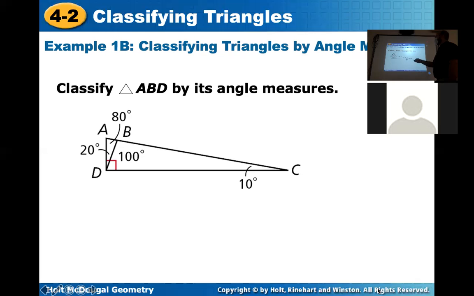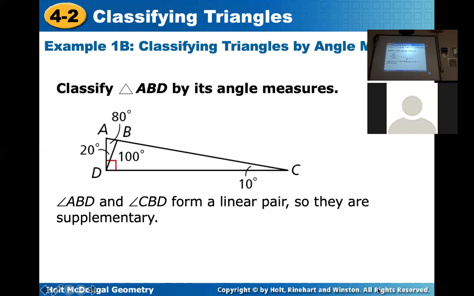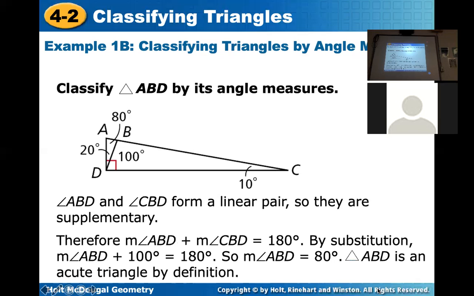So this angle's 80, this angle's 80, and this angle's 20. So we have an 80, 80, 20. They're all acute, so that would be an acute triangle. So these two have to be supplementary because they're a linear pair. This is 100, this has to be 80, this is 80, this is 20. So ABD is an acute triangle by definition.